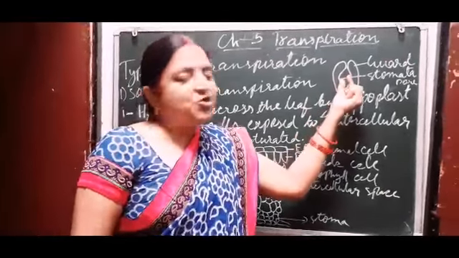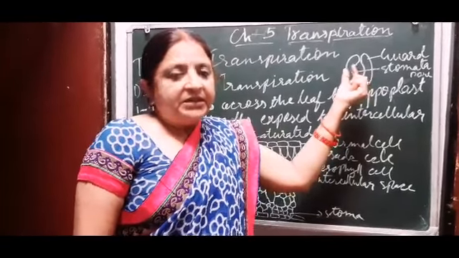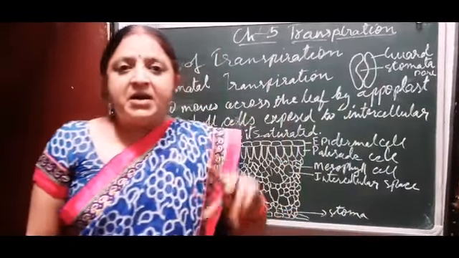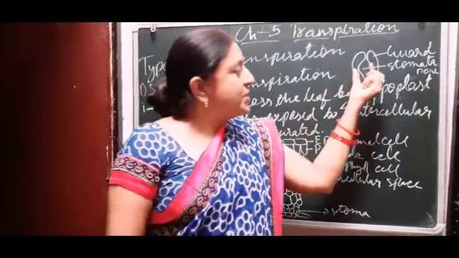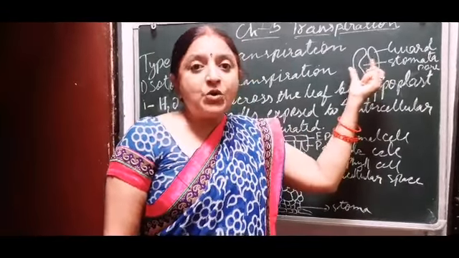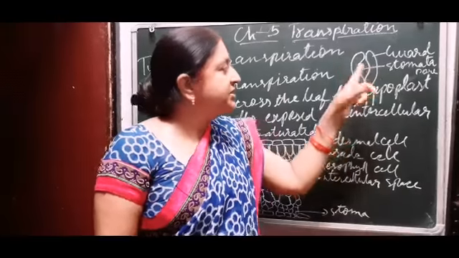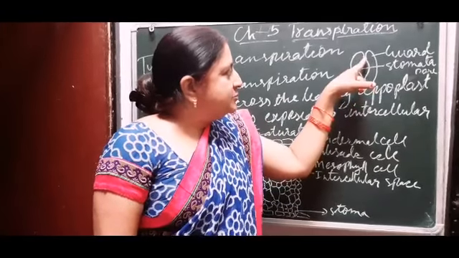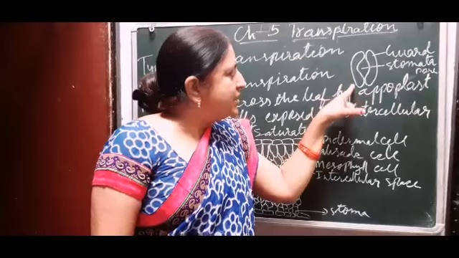A stoma is a microscopic pore. It is not a part of the leaf. It is a microscopic pore present on the lower surface of the leaf in dicot plants, and it is covered by two kidney-shaped guard cells.